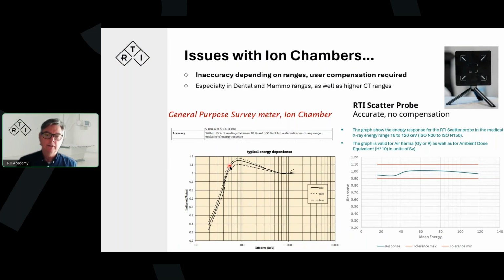How many people do that? Well, not very many. And then if you look at mammography, it's so attenuated here, 0.4, 0.3, with the very low energies, and there's also underestimating of the reading.